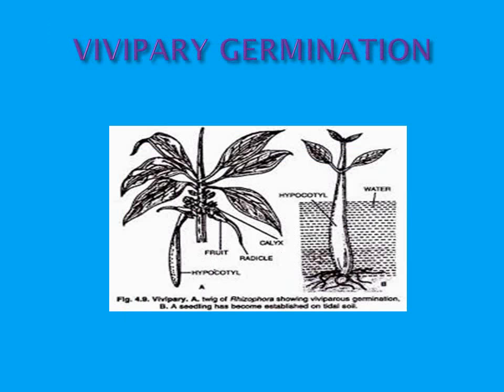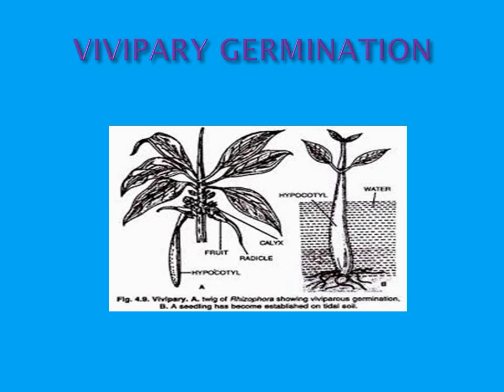Then the germination is vivipary. In the plant itself, after the formation of the fruit, it produces radicle and plumule on the parent plant body itself. After the development of a complete root and stem with 2 or 3 leaves, only then it falls into the water and starts to grow.